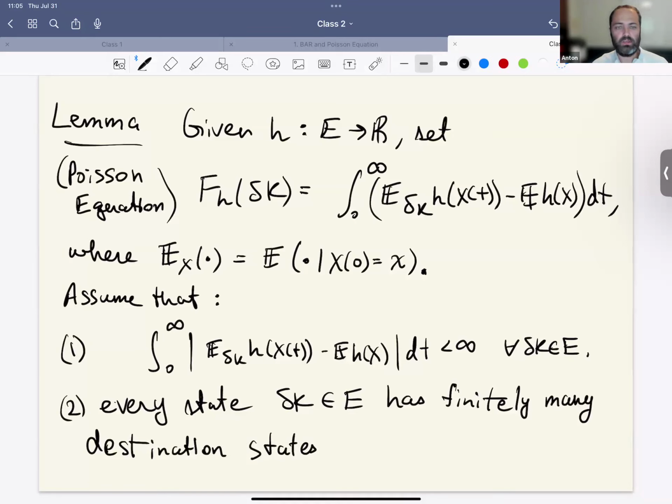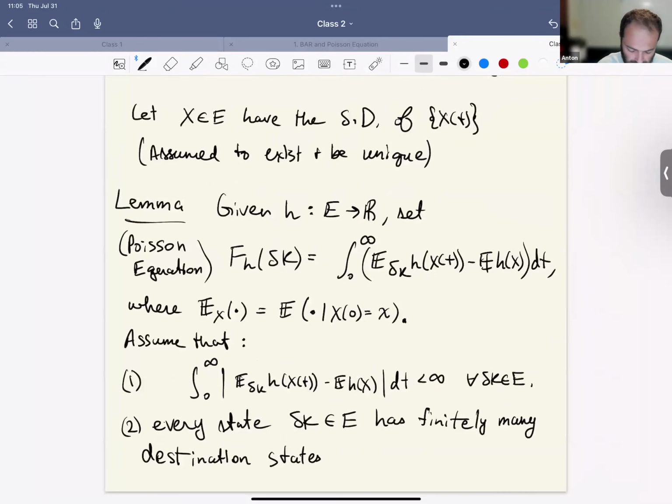So in other words, if I'm in some state, there are only finitely many states to which I can jump to. If you want to extend this lemma beyond this setting, you'll see that it's not very difficult to do so. But I don't want to bog the audience down with the most technical condition.